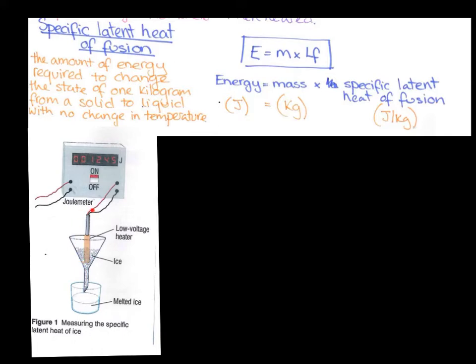But what you've got here is a heater heating up a known volume of ice, and then you're going to find out how much of that ice is melted and turned into water underneath. By knowing the mass of the water that's been melted and measuring the energy that's been supplied to do that, you can work out the specific latent heat of fusion.